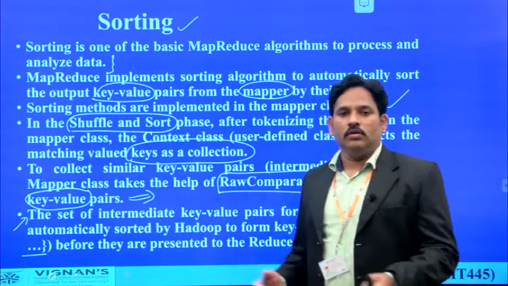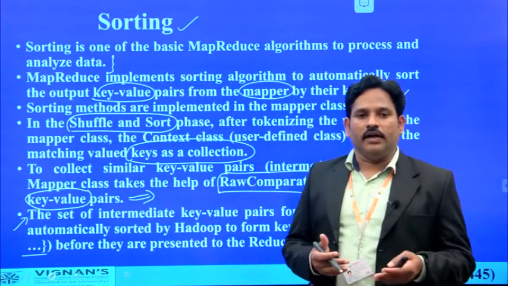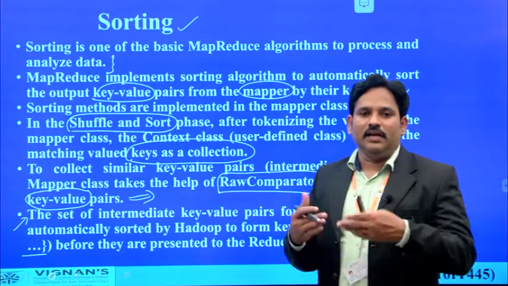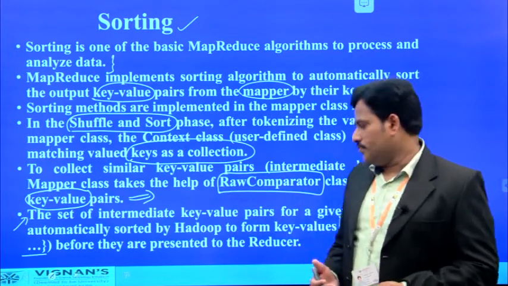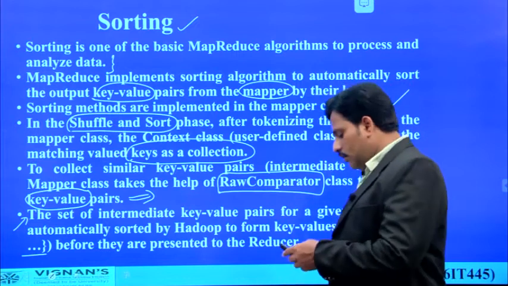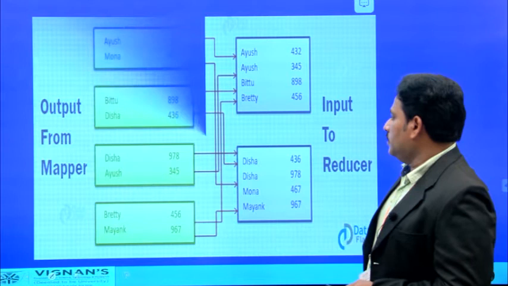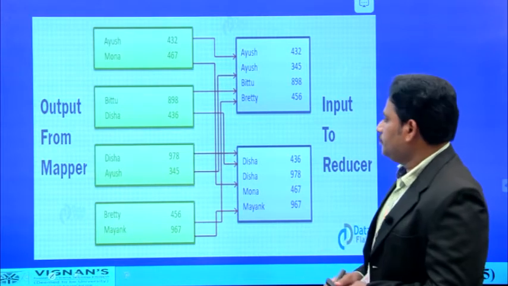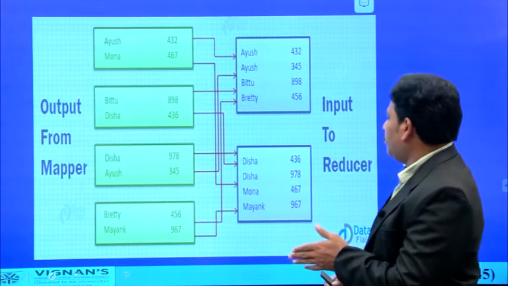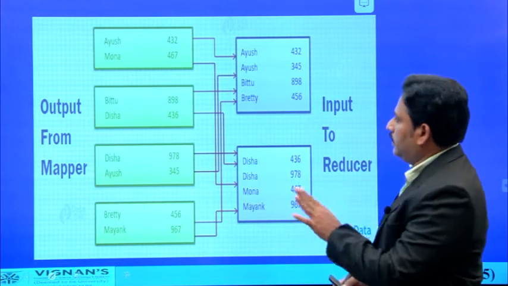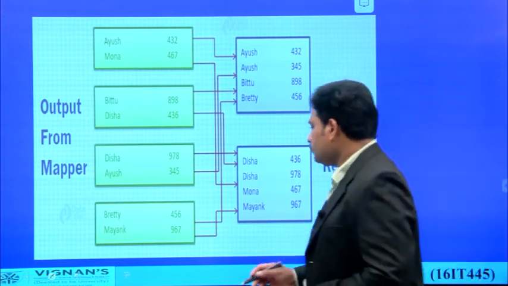That means all same key data is combined into a single list of values that is applied in the reducer phase. Now we will see an example: output from the mapper, and how these techniques are applied here.